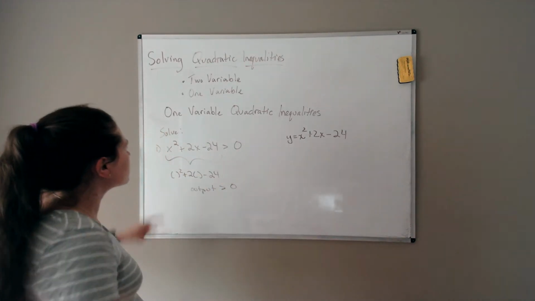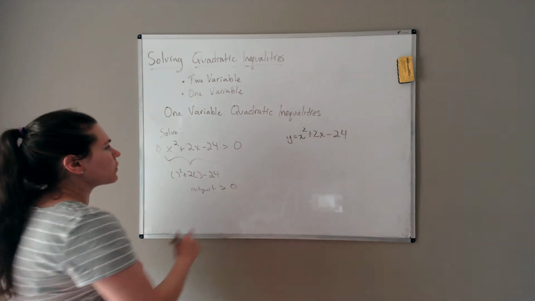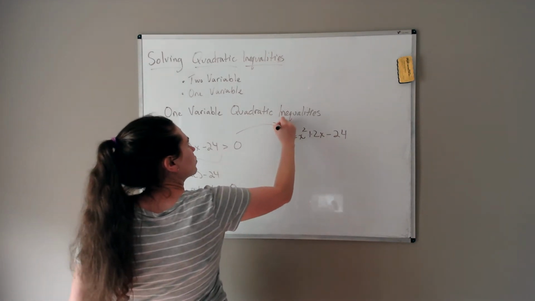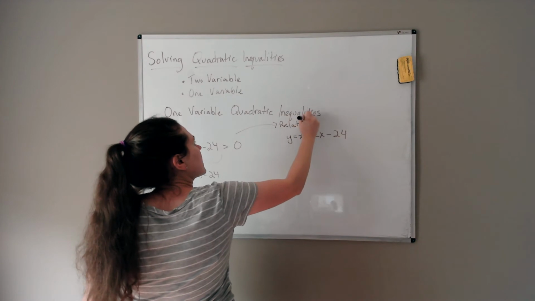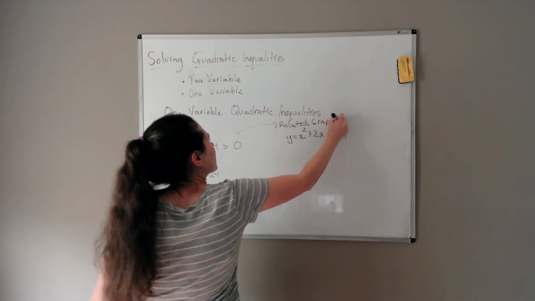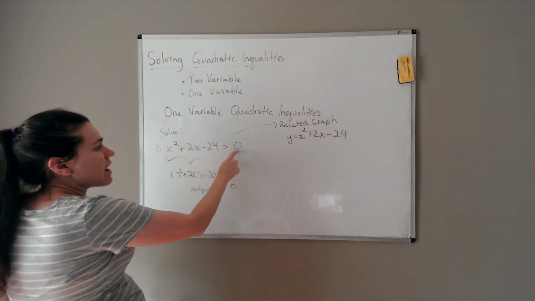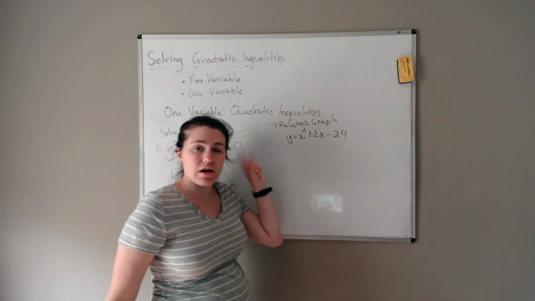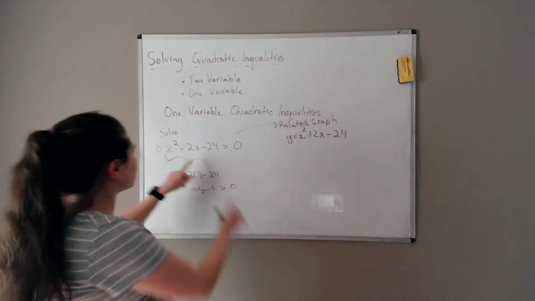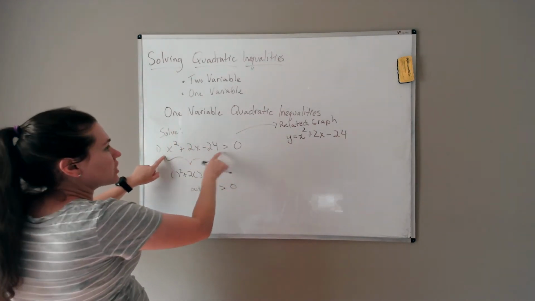So you can think about this by looking at its related graph. As long as you have it set to be 0 on the other side, this is the related function of this.